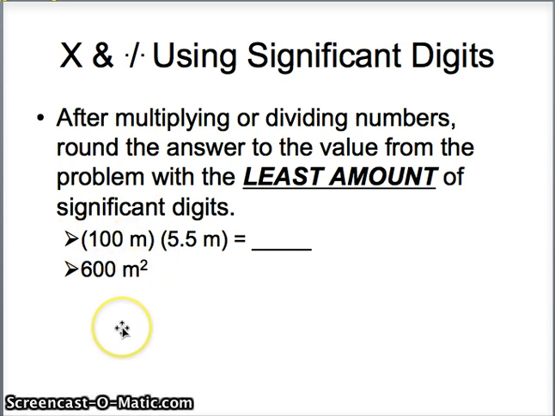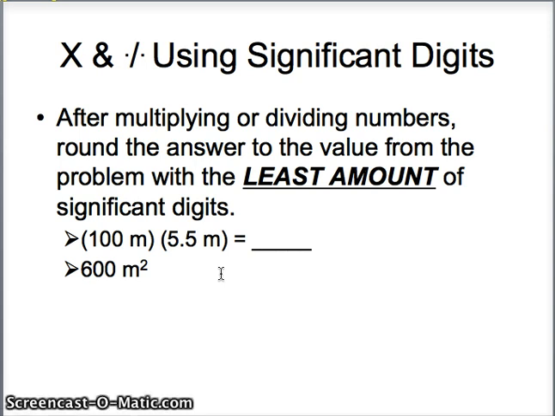So we round it to 600 meters squared. Remember, the units must also be multiplied together, giving us meters squared. Now, when you're multiplying and dividing, this rule applies to squaring or square rooting and processes like that.